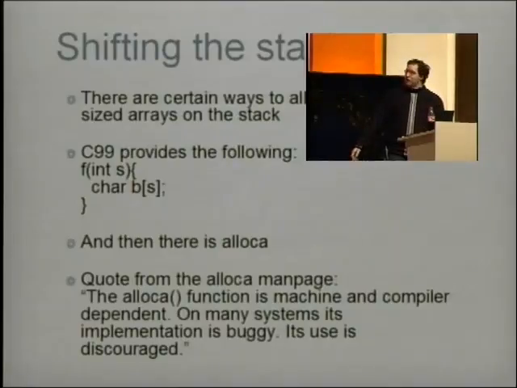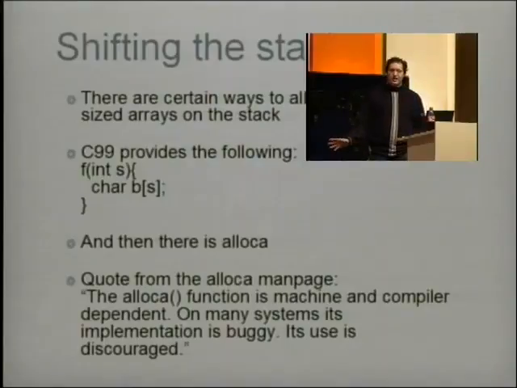And then the second one, which does pretty similar things, is alloca. The cool thing about alloca is that it looks like malloc, but you never have to free because that happens automatically, right? The problem with alloca is that it's really difficult to actually implement it right.